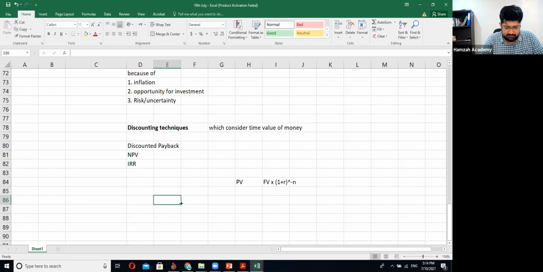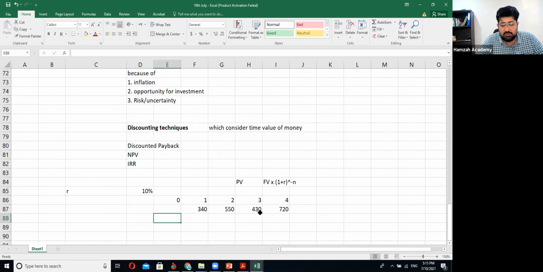For example, we are given these cash flows, and for example, discount rate R is equal to 10%.